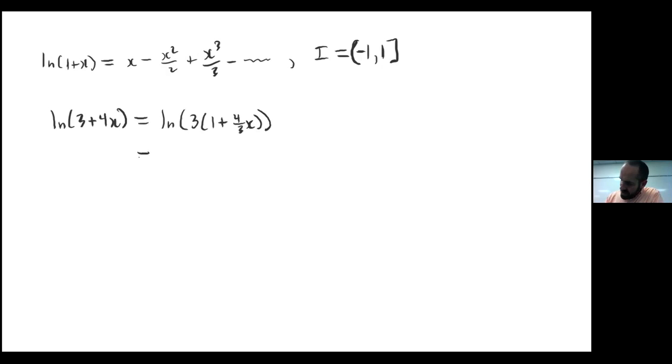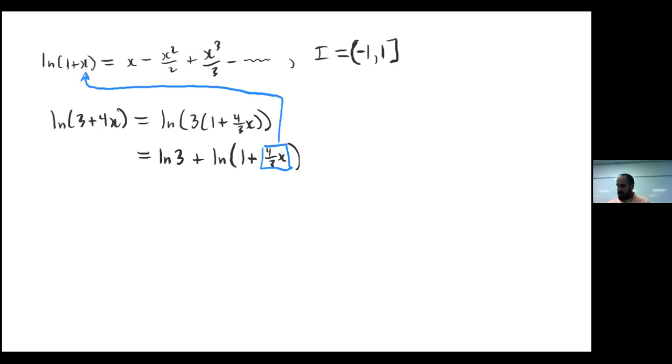Then I could use the law of logarithms and say that this is logarithm of 3 plus the logarithm of 1 plus 4/3 x. And then you say, for crying out loud, I know what logarithm of 1 plus x does. You kind of replace x by 4/3 x.